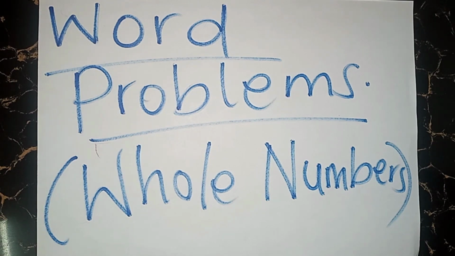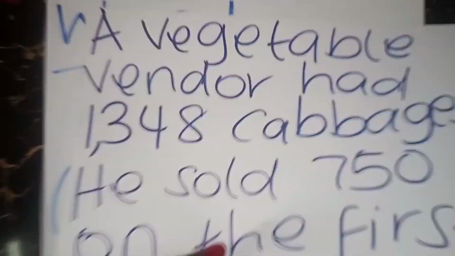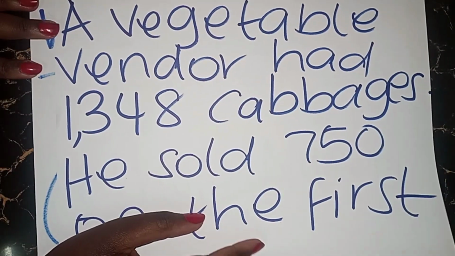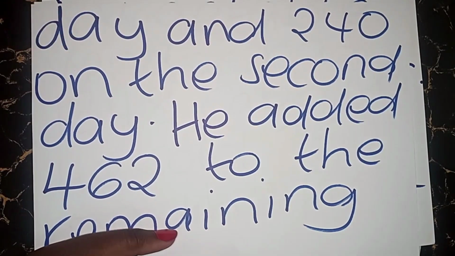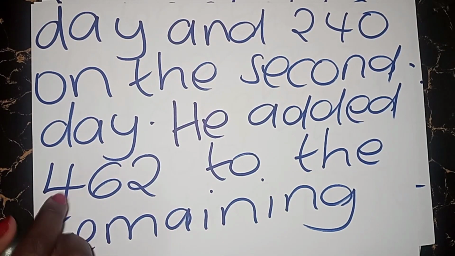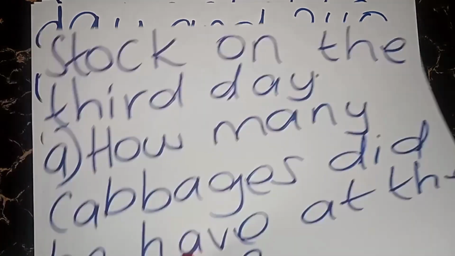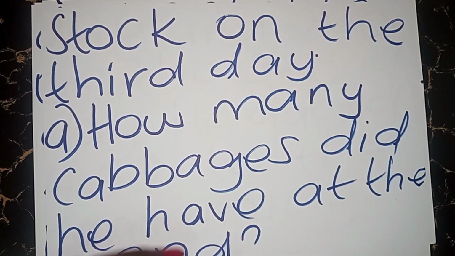Let's go through the first question that I want us to go through today. A vegetable vendor had these cabbages. He sold that on the first day and 240 on the second day. He added this to the remaining stock on the third day.